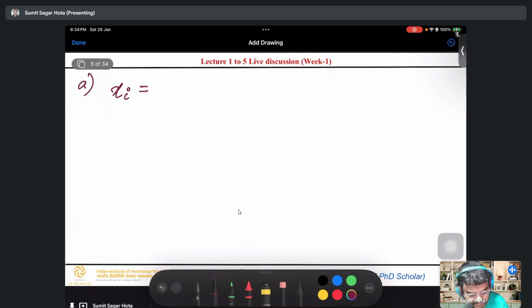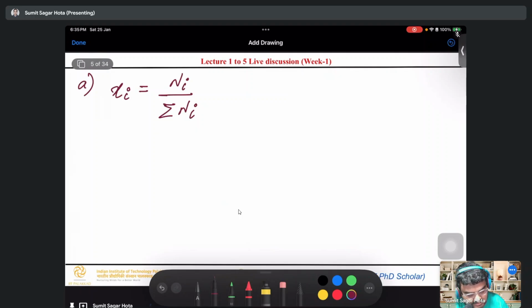The chi i is Ni divided by the summation of Ni, that is the mole fraction of the particular species i divided by the total number of moles available in the mixture.